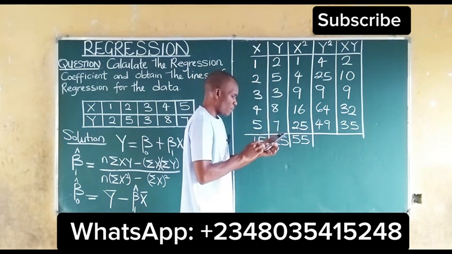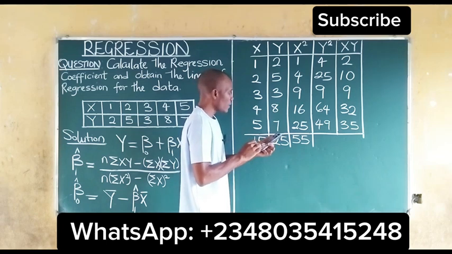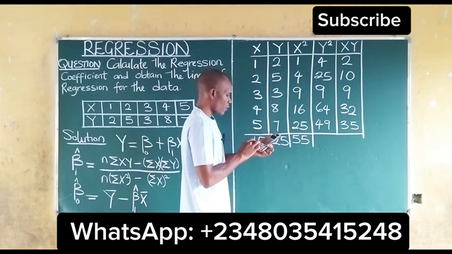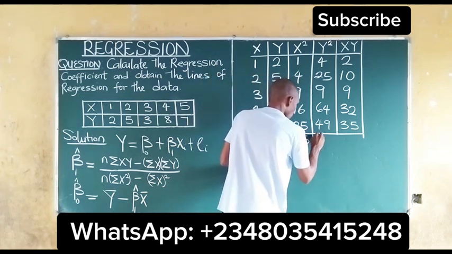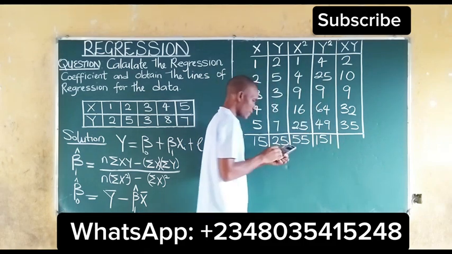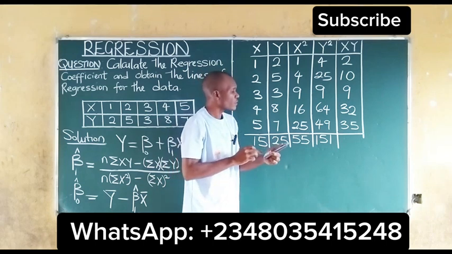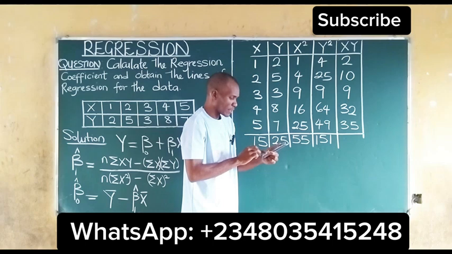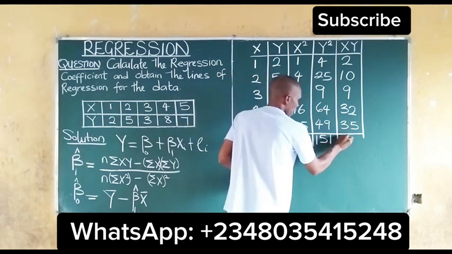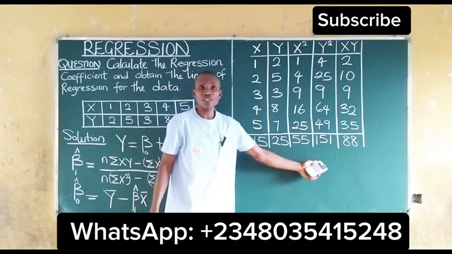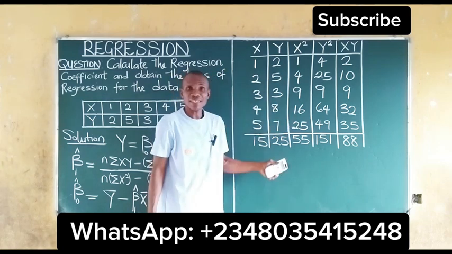The next one is 4 plus 25 plus 9 plus 64 plus 49, which is 151. And lastly, we have 2 plus 10 plus 9 plus 32 plus 35, which is 88. So this is simply how we can compute the data given.